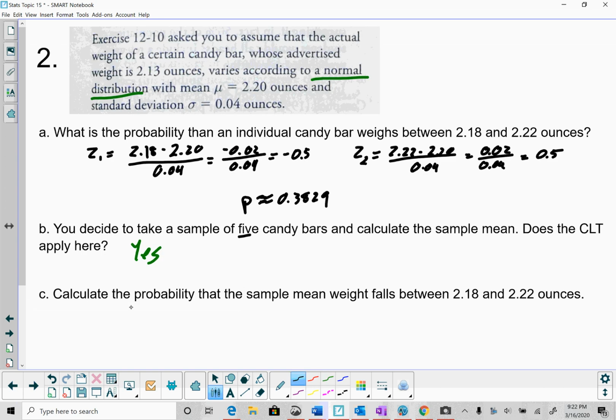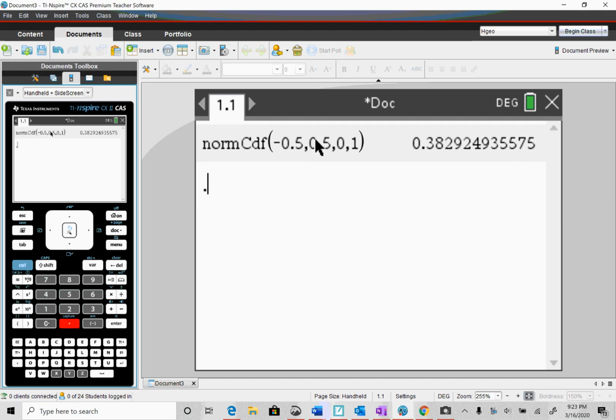So our S for our new standard deviation, 0.04 divided by square root of 5. So this will give us a sample standard deviation of 0.0179. I'm going to try and be consistent here and go to 4 decimal places.